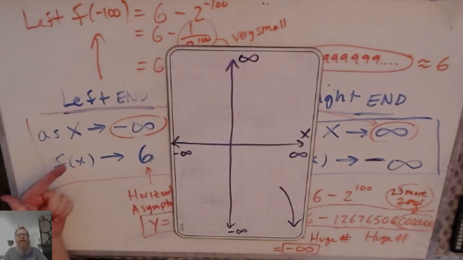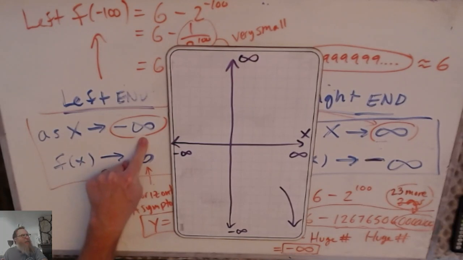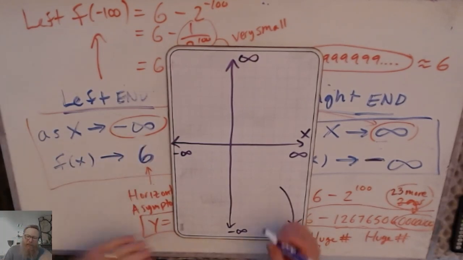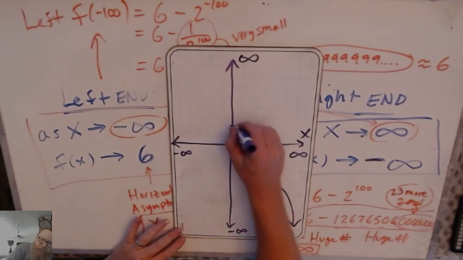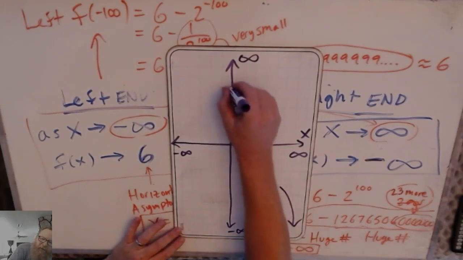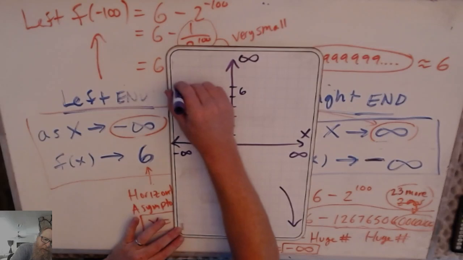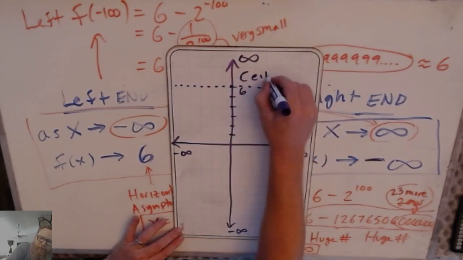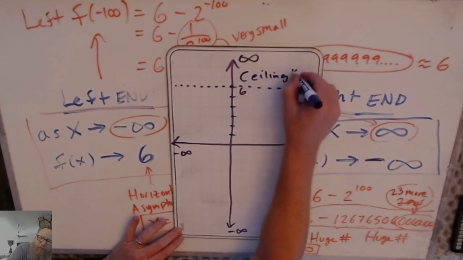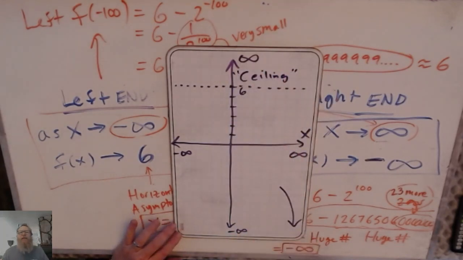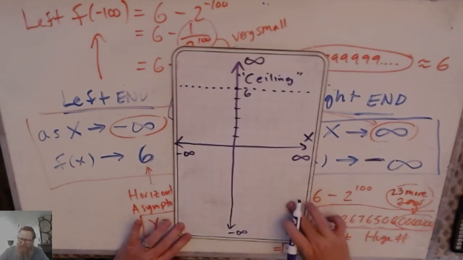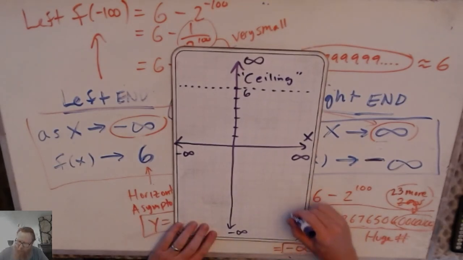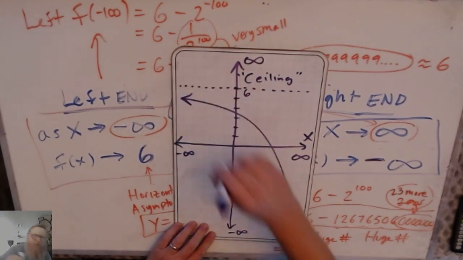However, on the left end, as x goes to negative infinity, y is not passing 6. So this is a ceiling. 1, 2, 3, 4, 5, 6. That's what we call a ceiling. I'm not even really going to plot any points. I'm just going to show you the shape.